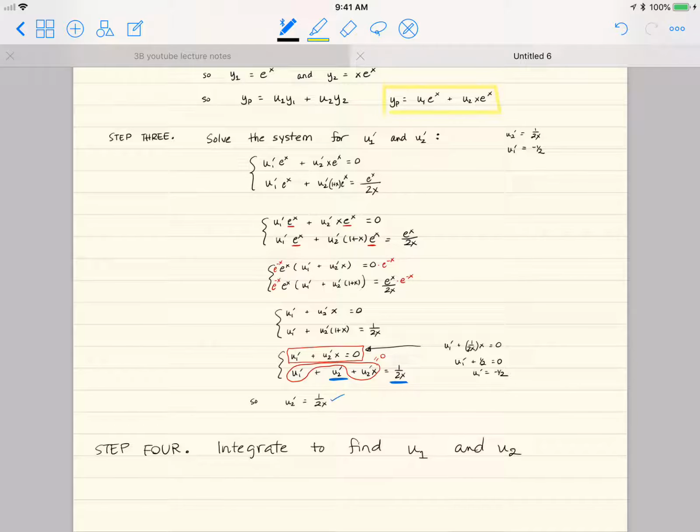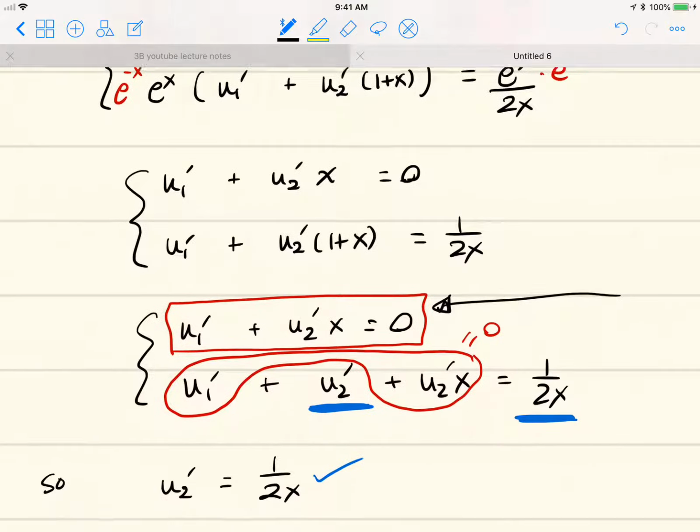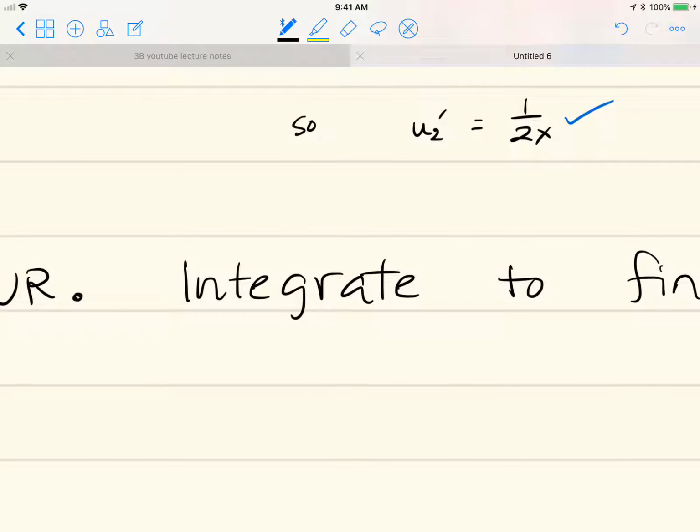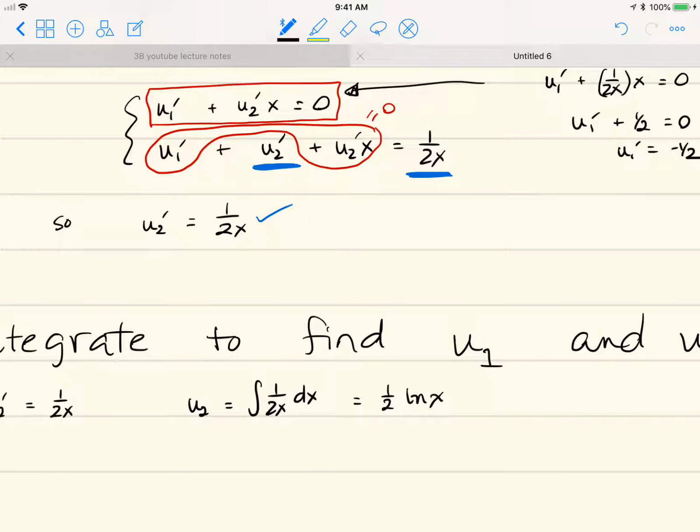And so now I know that u2 prime is equal to 1 over 2x. So if u2 prime is equal to 1 over 2x, then u2 is going to be the integral of 1 over 2x dx. And that is just going to be 1/2 natural log of x. Okay?